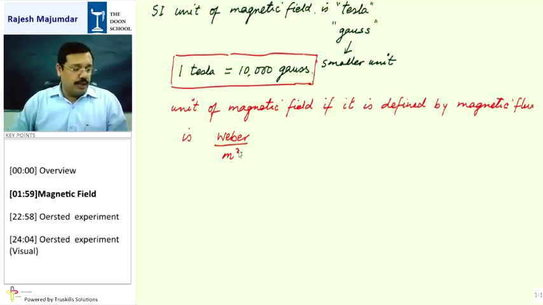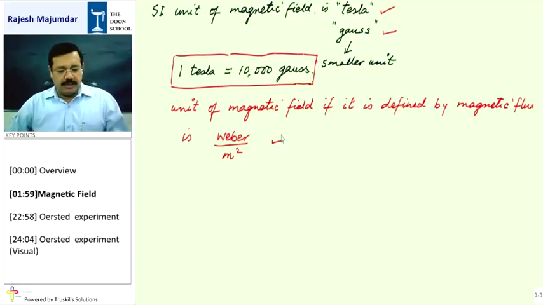So this is another SI unit. This is another unit of magnetic field intensity. So now we have, if you see, 3 units: Tesla, Gauss, and Weber per meter square. So this is something which you must understand.